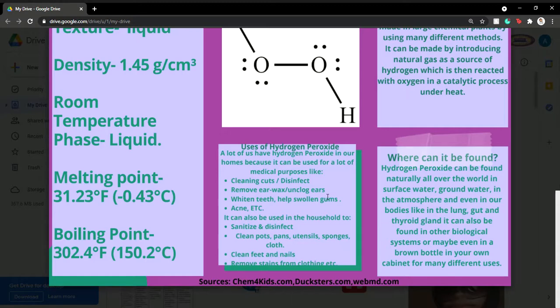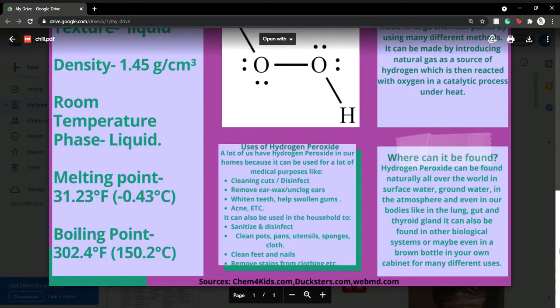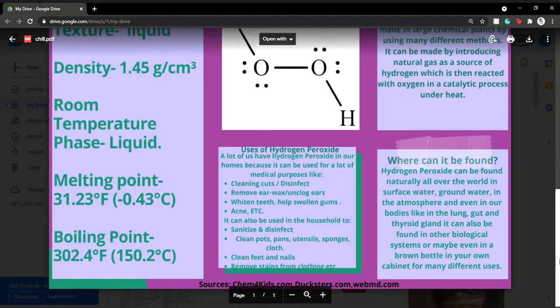It can clean pots, pans, utensils, sponges, and other household items, maybe like your fridge or your stove. It can also clean your feet and nails, for pedicures and manicures. It can remove stains from clothing, etc.